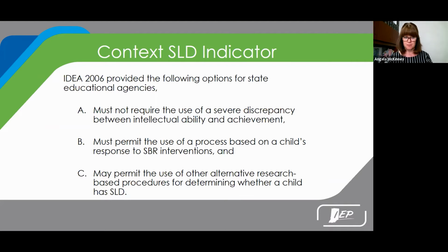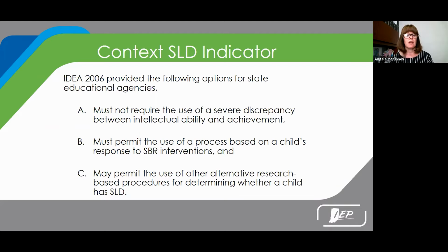It can offer it. It also says that states have to permit at a state level the use of a process based on your response to scientifically based research interventions. What that really means is it has to allow us to use our MTSS, RTI data that we gather, but it says a process based on that.